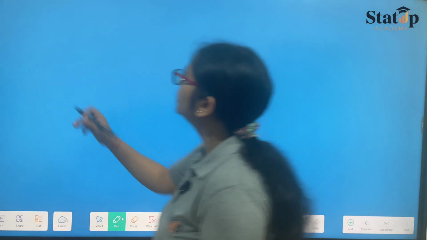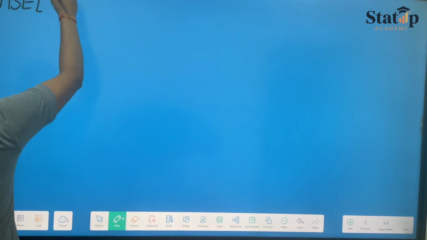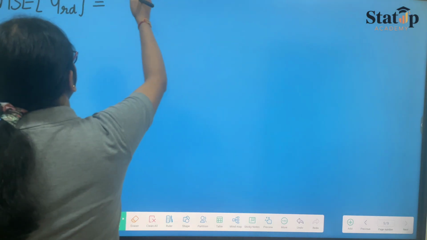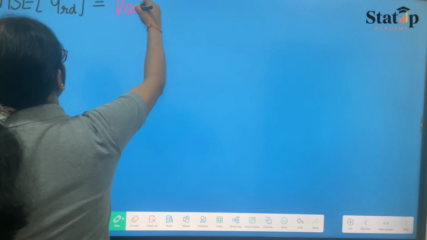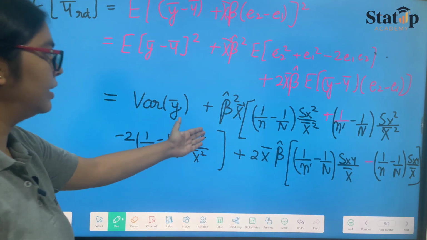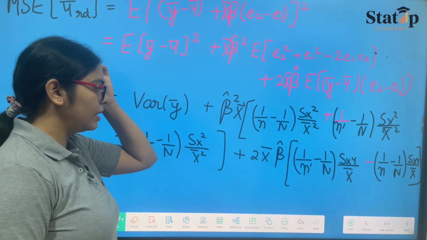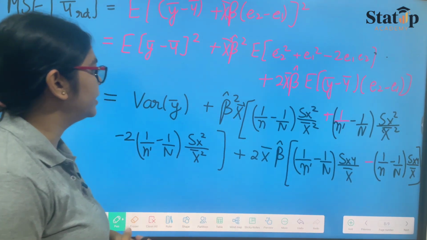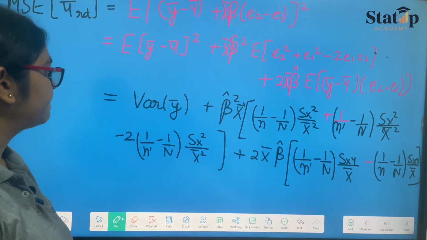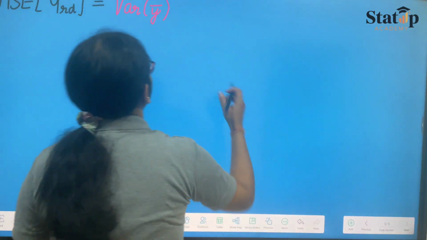Taking this on the other slide, MSE of mean of regression estimator in double sampling, we will get variance of y bar. Now here what are we left with? Beta cap square into x bar square and 1 upon n bar minus 1 upon capital N sx square upon x bar square.